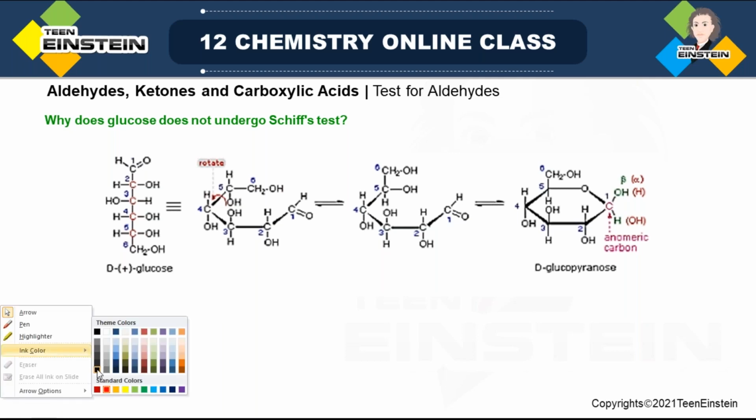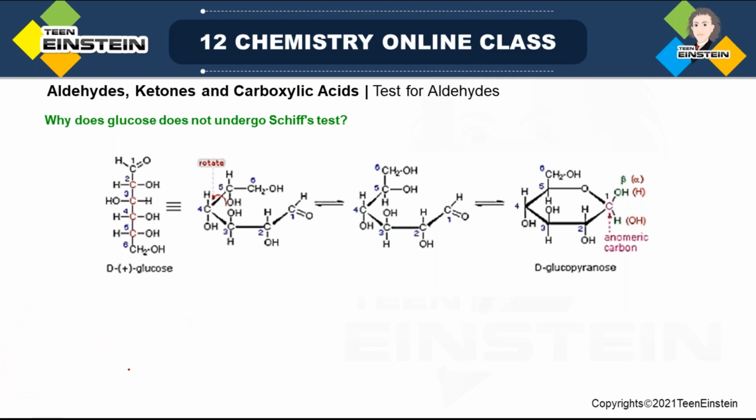One question from the last class we have discussed, where we have seen that if you consider glucose for Tollens reaction, then this reaction is positive. But in the case of Schiff reagent, or you can say Schiff test, glucose does not undergo this test, that is, a negative test.